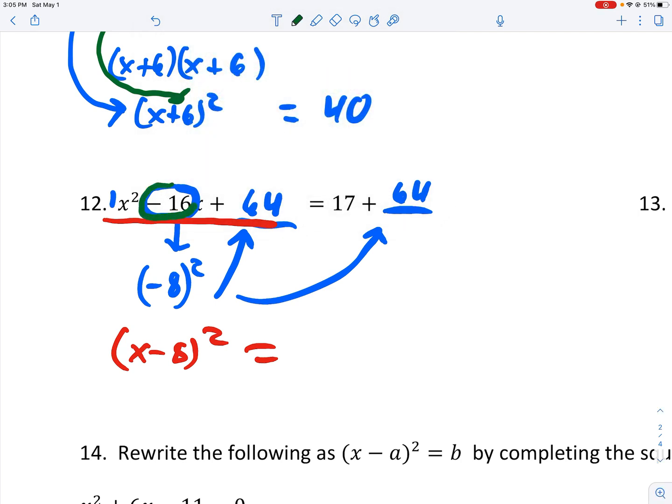You take the b term. The b term is negative 16. So you're dividing negative 16 by 2 to get negative 8. So it factors to negative 8, that quantity squared. And then on the right, all we do is take our 64, add it together with the 17, and we have 81.